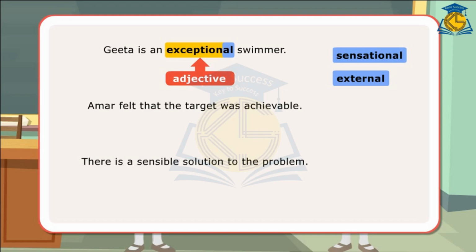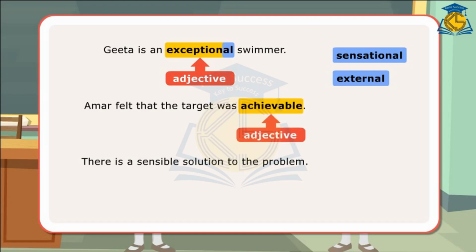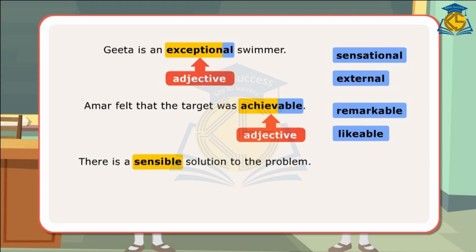In the next sentence, achievable belongs to the group of adjectives ending with able, like remarkable, likeable. In the third sentence, sensible belongs to the group of adjectives ending with ible, like edible, gullible.